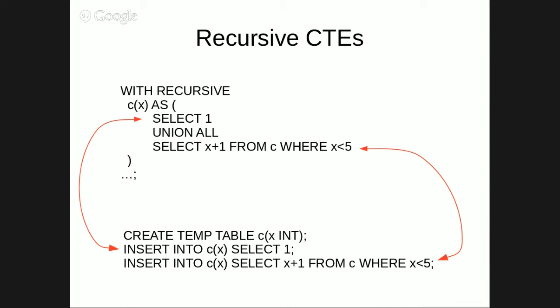The initial part, where you initialize the table right there, is the first part of the UNION ALL, and then your recursion step is the second part right there. So it does the first part one time, and then it starts doing the second one over and over and over again until it's done, until there's nothing else to add.